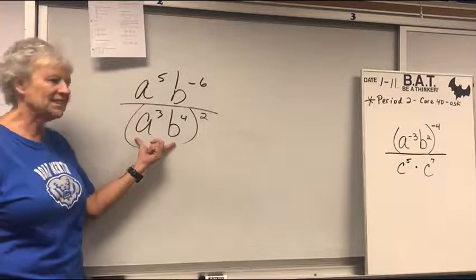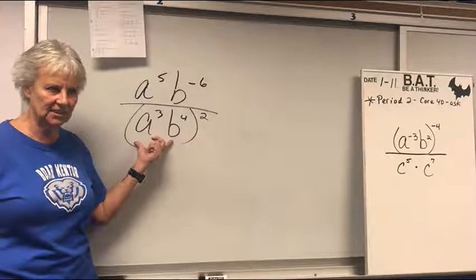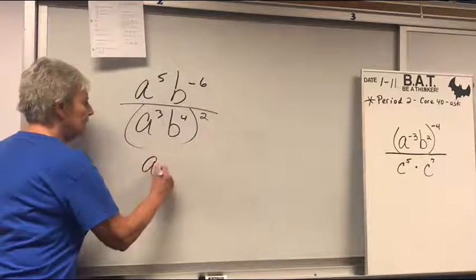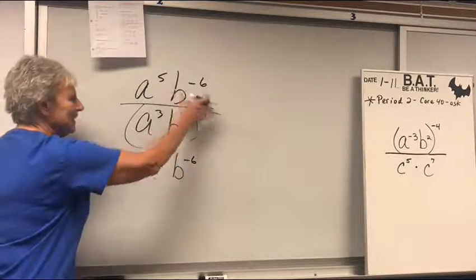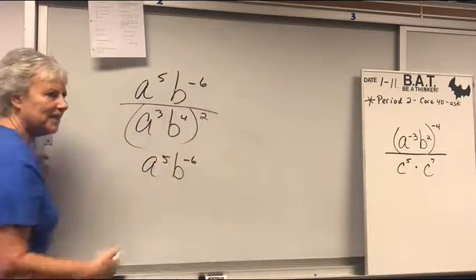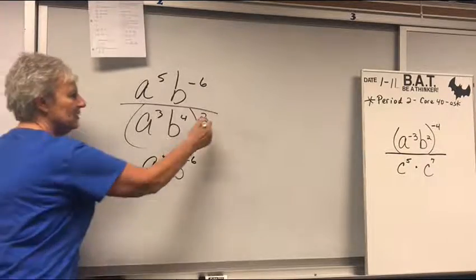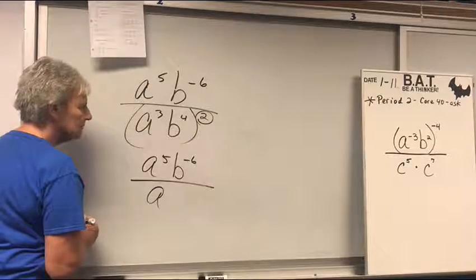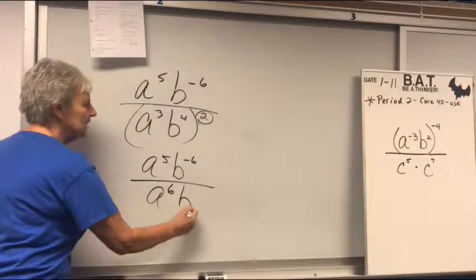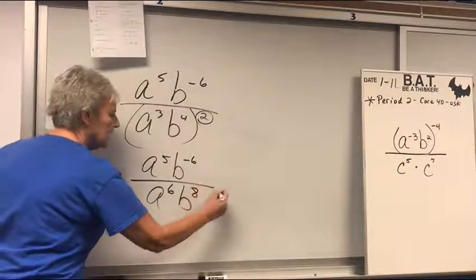Multiples of. Yes, get rid of these parentheses. So a to the fifth, b to the negative six. Don't mess with it. Don't be bringing a negative 6 in, you can't put anything inside here. We need to get rid of this first. So that's a to the sixth, b to the eighth.